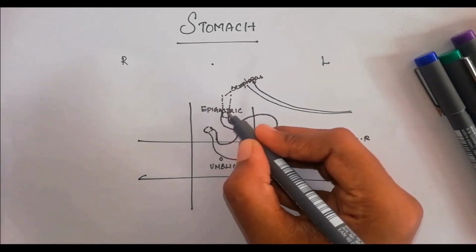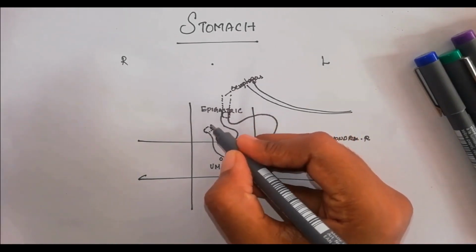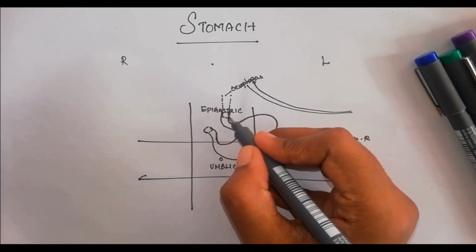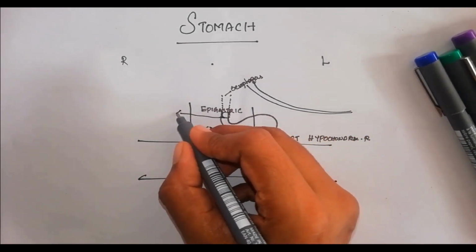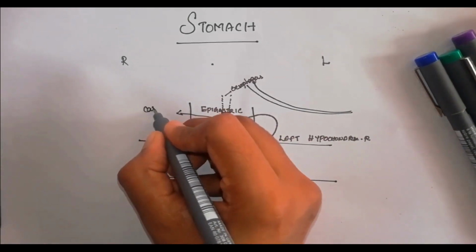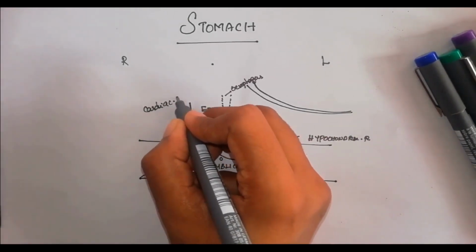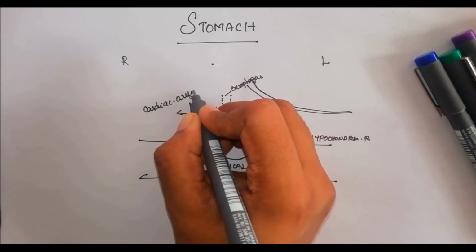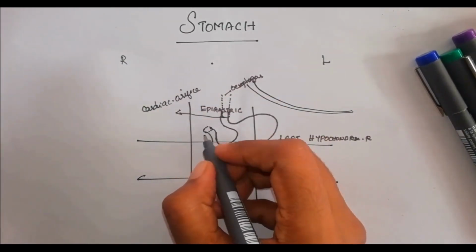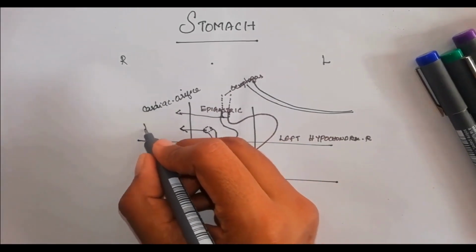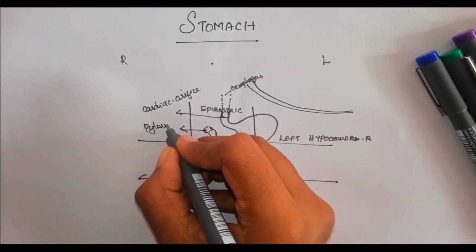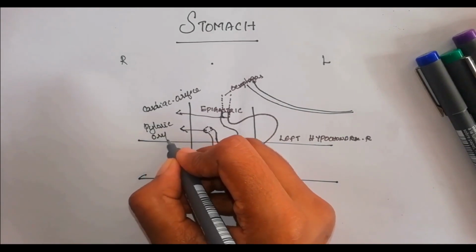So we have a proximal end and a distal end. The proximal end we call the cardiac orifice. And then we have the distal end or distal opening, which we will call the pyloric orifice.